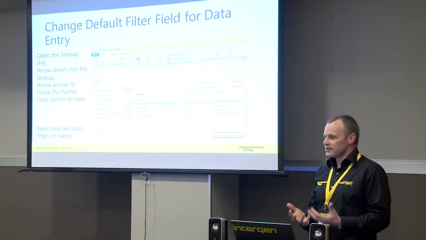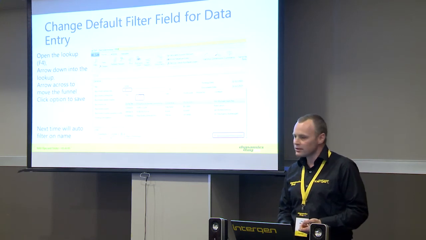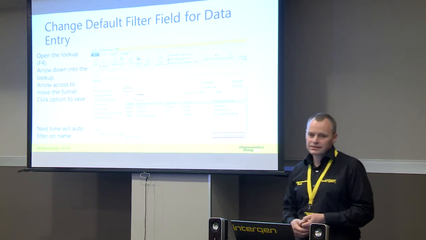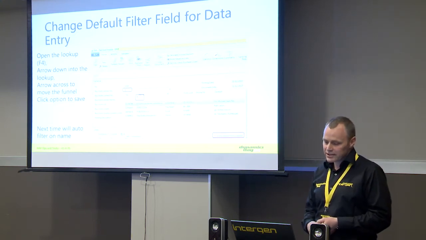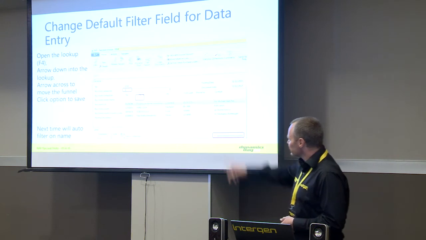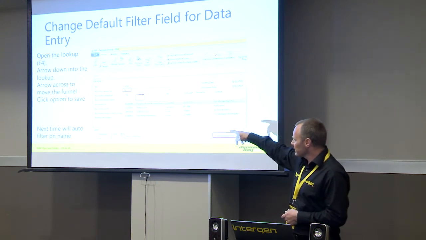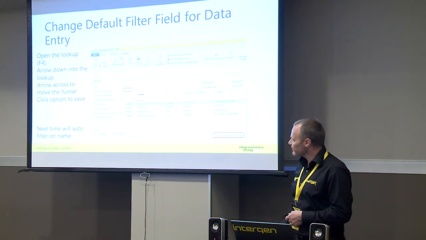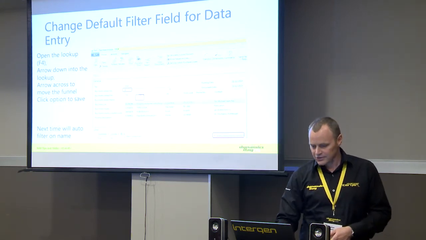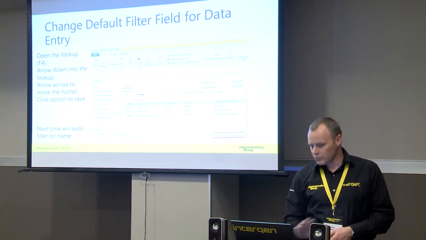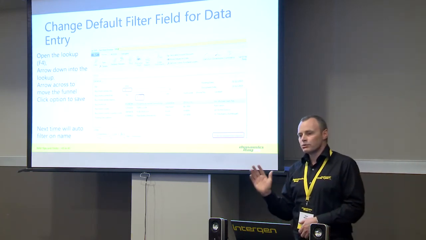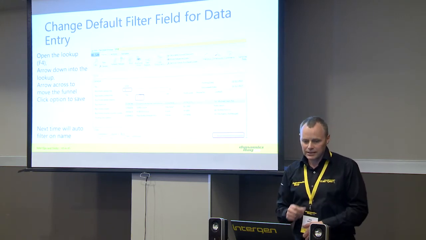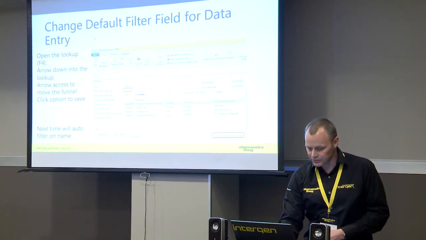If I want it to automatically filter for one of the other columns and remember it for next time I go to use that field on another transaction, I just arrow down to get into the lookup, and then arrow across, and the funnel that's circled here will move across, indicating which of those columns it's going to filter on if you start typing in the number field up here.